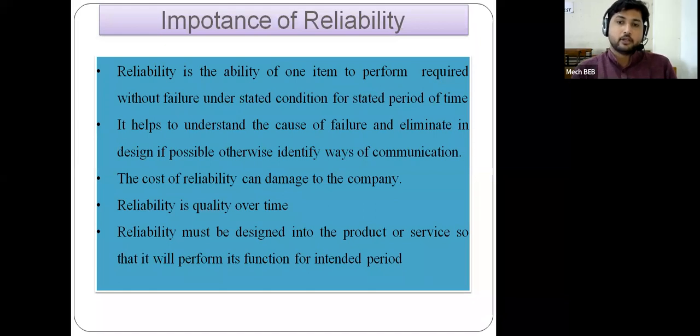Because of that, the market prefers the Japanese product more than the Chinese product. And take the example of the Ford company, which has the highest factor of safety. We can say that Ford vehicles are more reliable vehicles. So this is the reputation of a company.